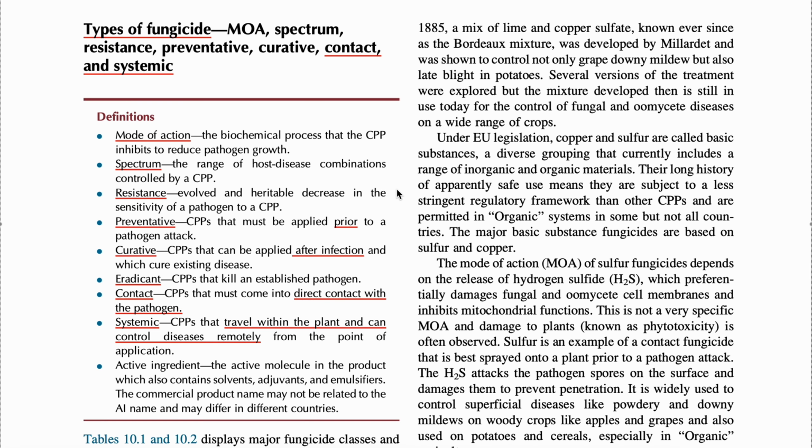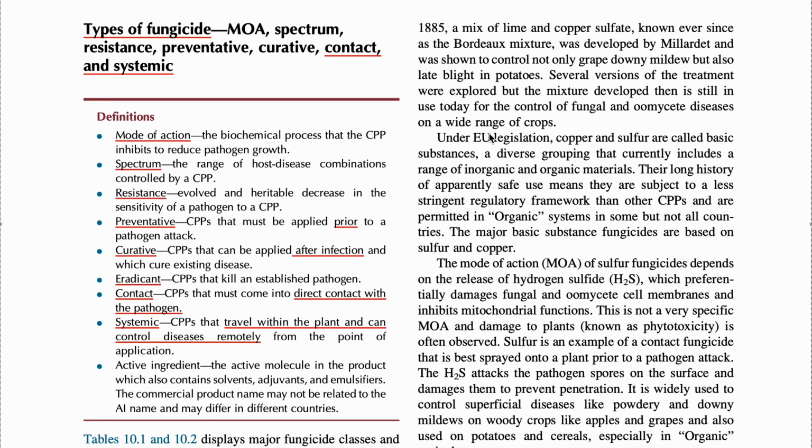So in case of contact, they have to spray on the specific location where the disease has infected, so that they can have direct contact with the pathogen. Now the contact fungicides have multiple sites of action.